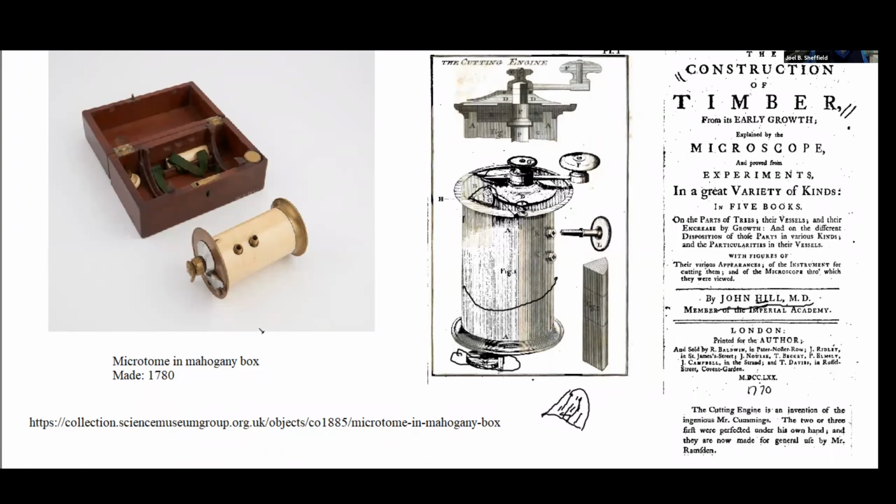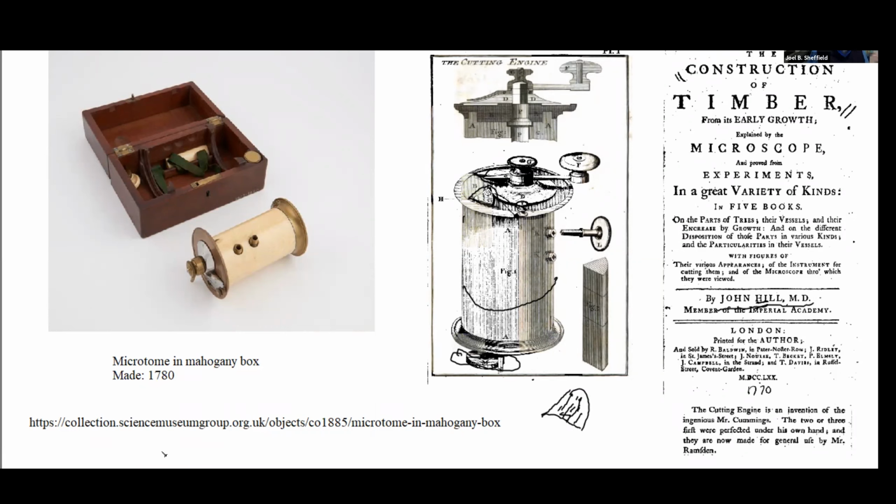Here's an example of one from a museum in London, and you can see it actually corresponds quite well to this diagram. So this is now considered to be one of the earliest forms of a microtome. Whether it comes in a mahogany box or not is less critical.